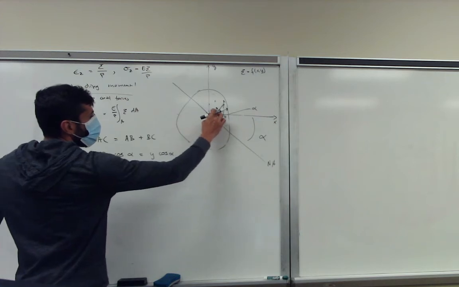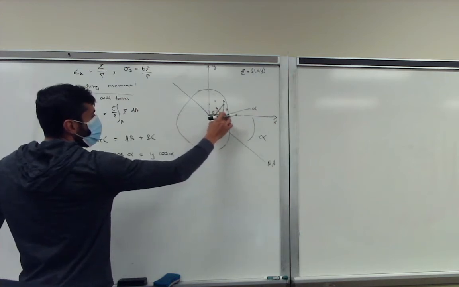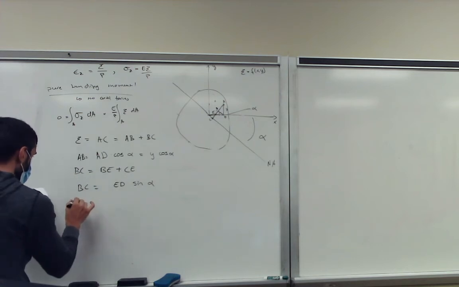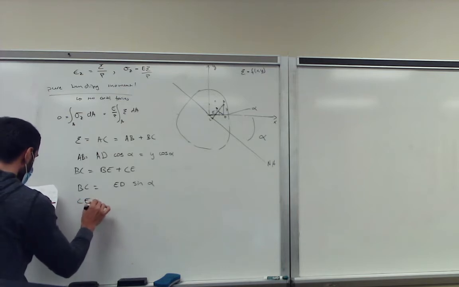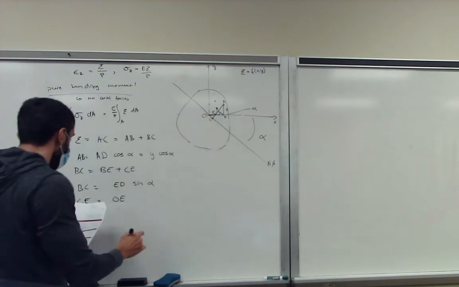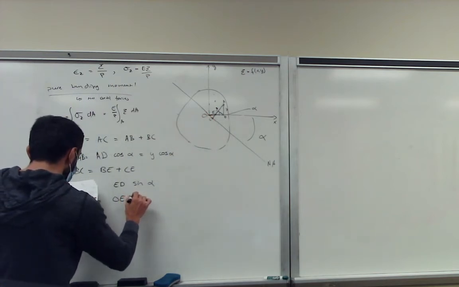I use this triangle DBE, and we know that BC plus CE, in this case, equals OE, where O is the origin, again times sine alpha.